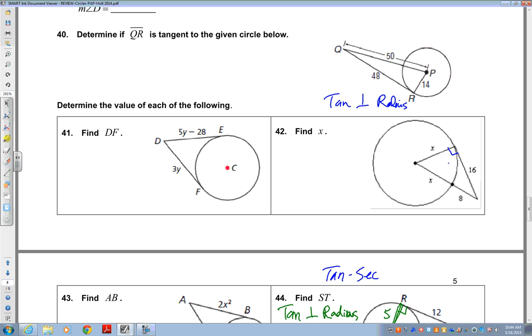Yes? Well, I don't know what side you're referring to. If the a squared is your hypotenuse, then yes. No. No, order of operations.